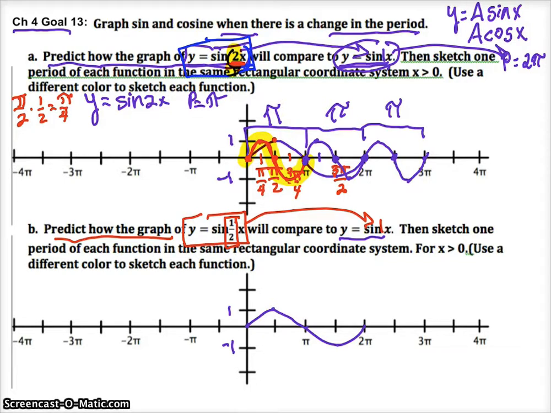Let's see. 0 times 2 is 0. Pi over 2 times 2 is pi. Pi times 2 is 2 pi. 3 pi over 2 times 2 is 3 pi. And 2 pi times 2 is 4 pi.